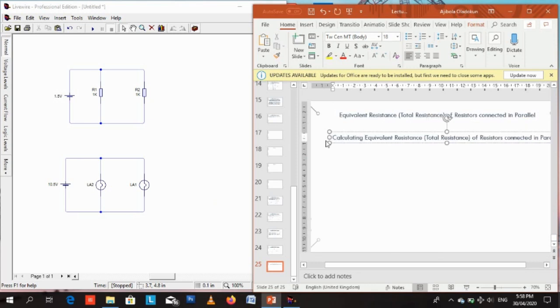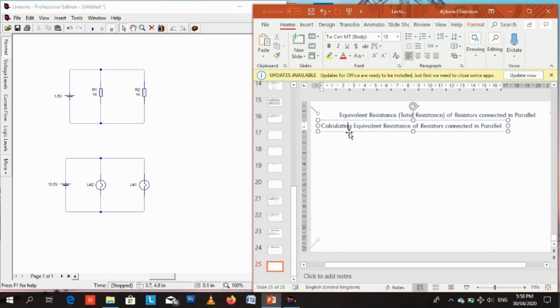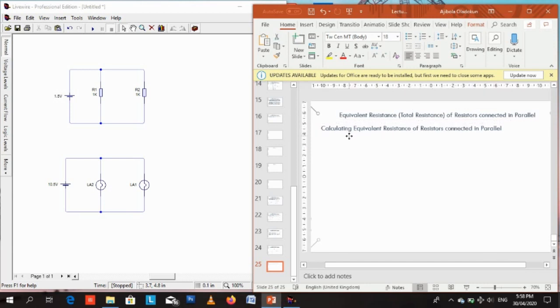Let's look at another concept, calculating equivalent resistance of resistors connected in parallel. Now, when you connect resistors in parallel, we actually do that when we want to get another value of resistance that is different from the resistors that we are connecting in parallel.